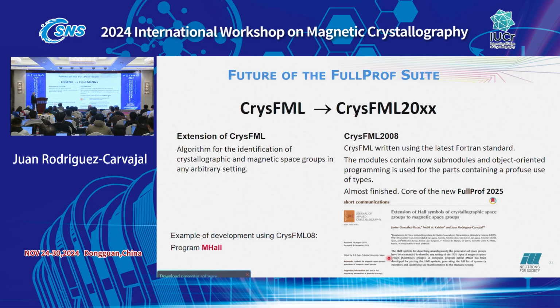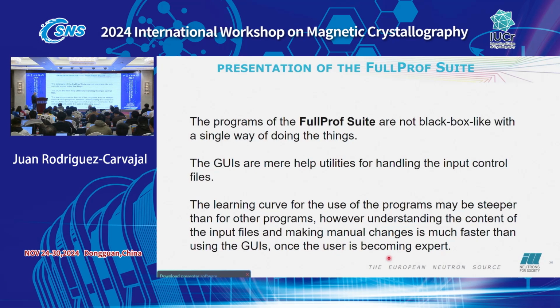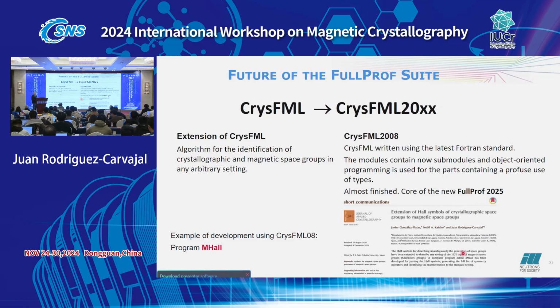Well, now we are changing plenty of things in our group, working with the source code of FullProf and the CrysFML. We are moving the CrysFML library. Sorry, I have done something wrong here. The CrysFML library is converted to something more recent.